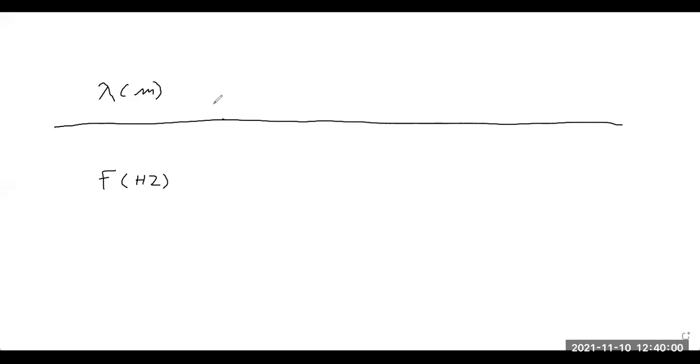So if we have something which is 3 meters, that would have to be 10 to the 8th hertz, because the frequency times the wavelength will give us the speed.